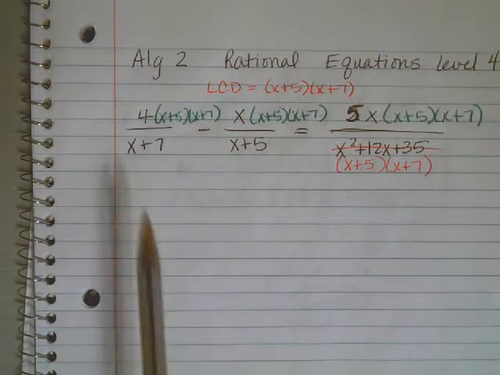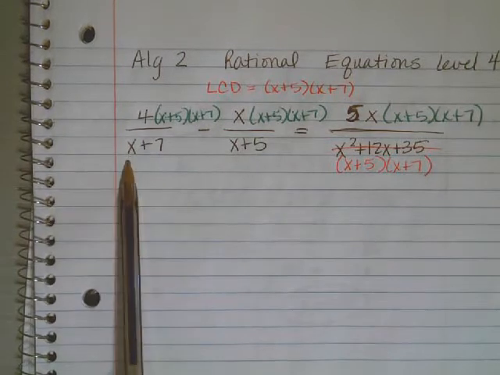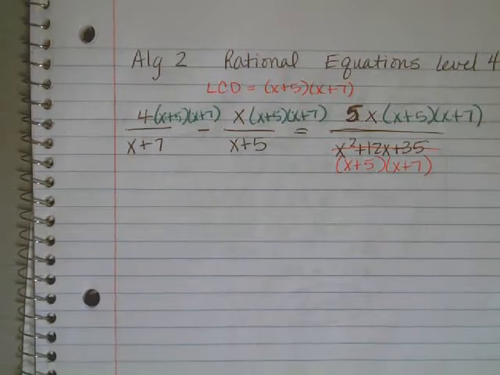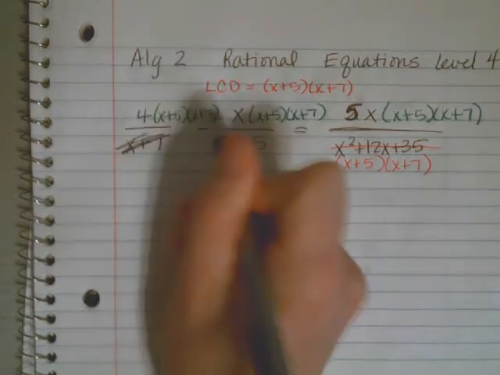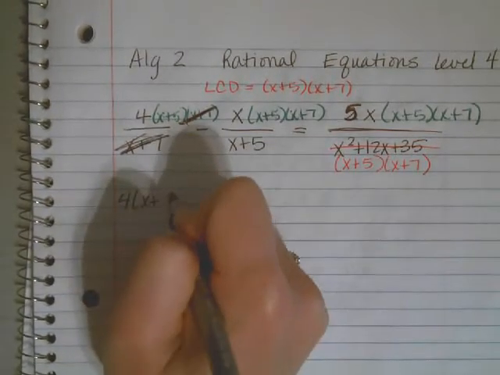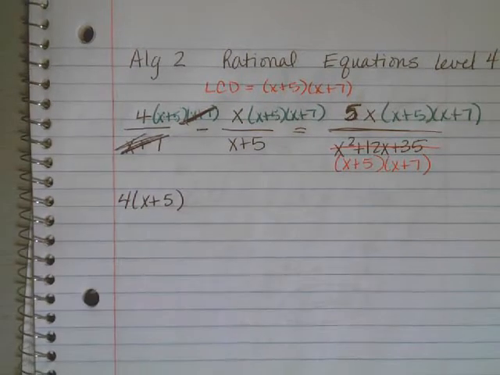And as I'm multiplying it, I'm thinking about what answers I cannot have. I cannot have negative 7, and I cannot have negative 5. So we have to keep that in mind when we get finished here. So I'm going to go through and see what cancels when I'm working these problems. x plus 7 cancels right there. So for the first term, I have 4 times the quantity x plus 5.